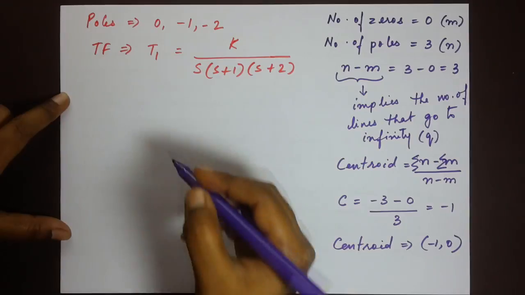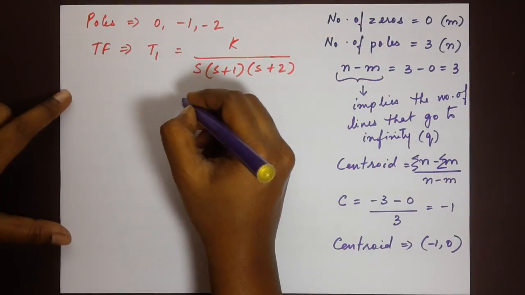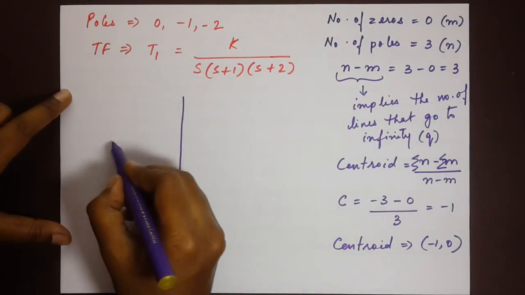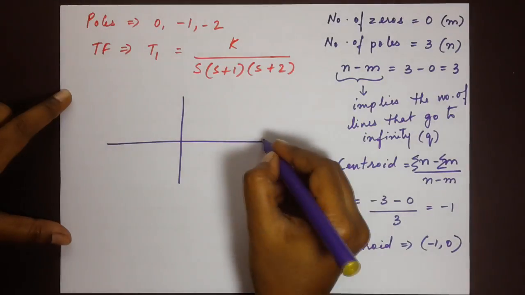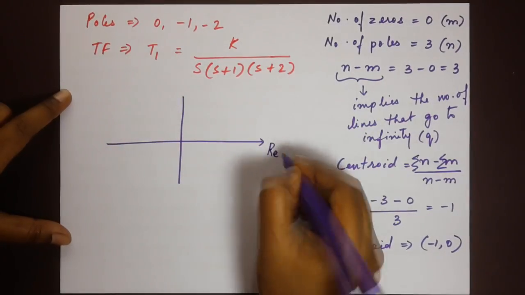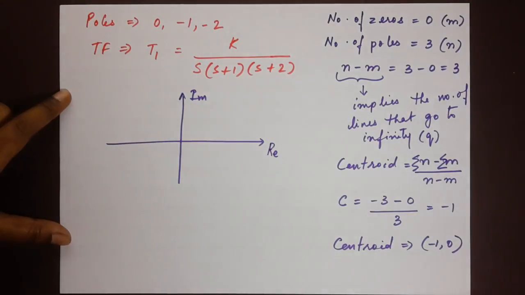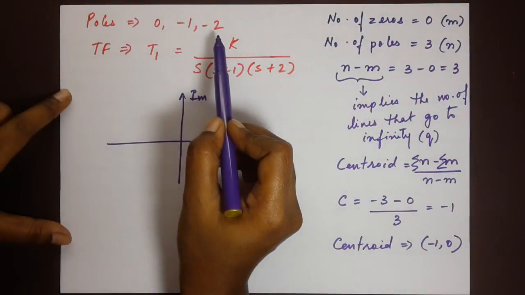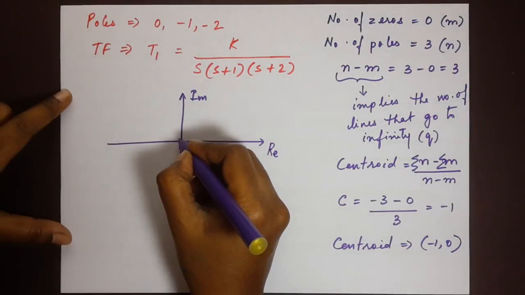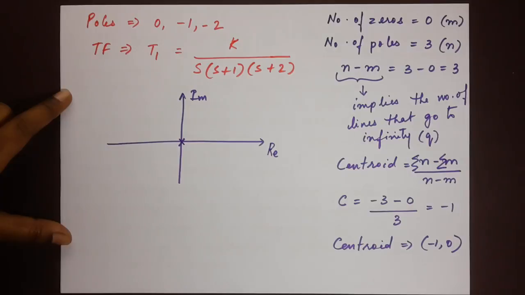Alright, now I'll draw a rough diagram here of the root locus plot. We have our real axis, we have our imaginary axis. Now we have been given 3 poles. Note that the poles must be denoted with an X mark, while a 0 is denoted with a circle mark.